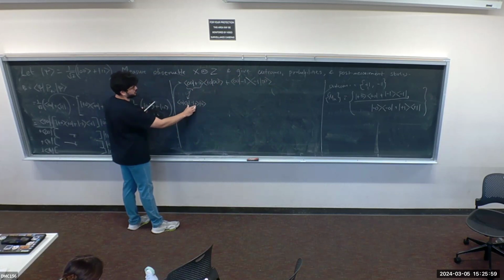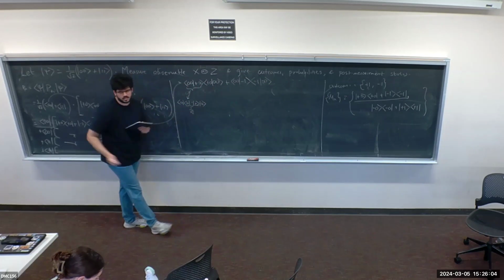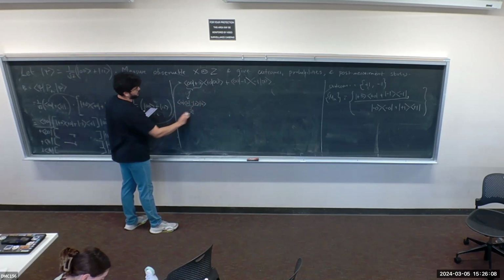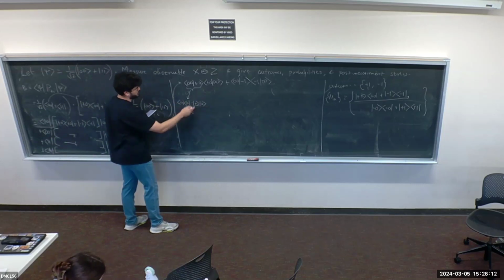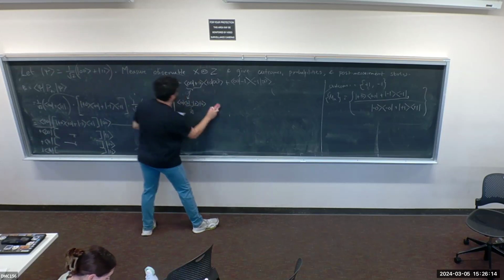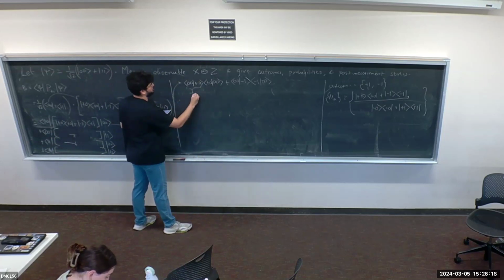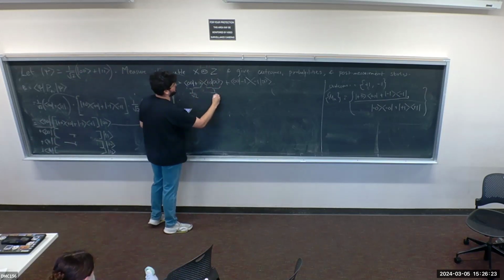Now this 0 tensor plus is 1 over root 2 if you memorize the inner product. Then you can pull this 1 over root 2 outside, then you have the inner product of 0 and 0, which becomes 1. So this whole element becomes 1 over root 2. Similarly, this is also 1 over root 2.